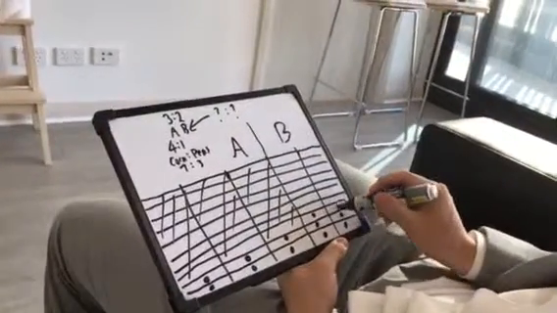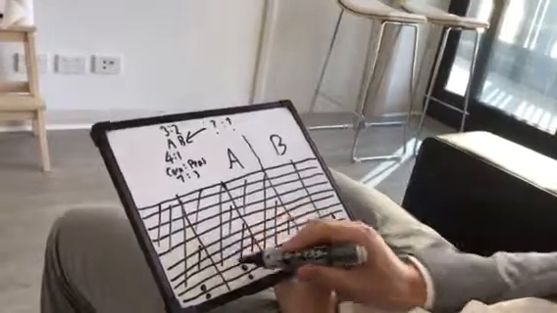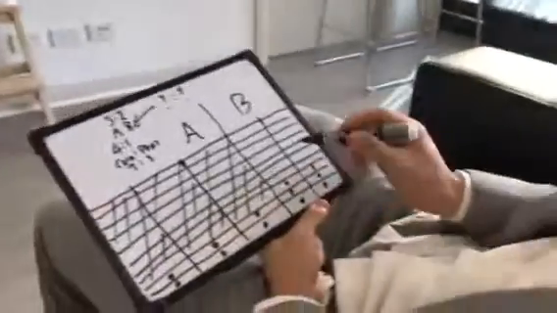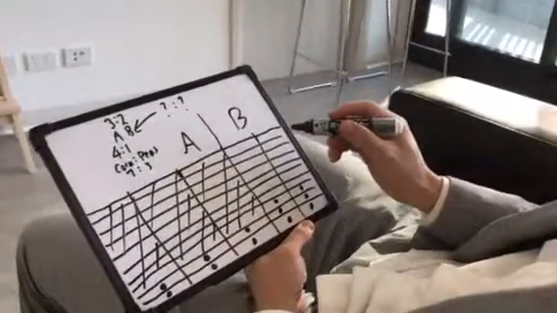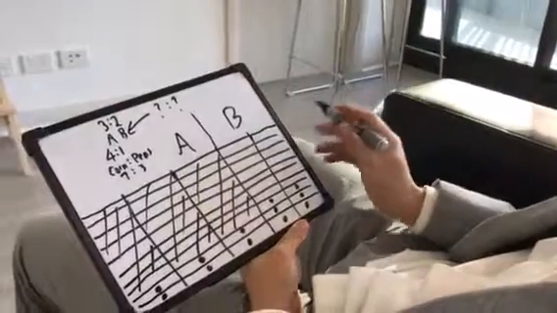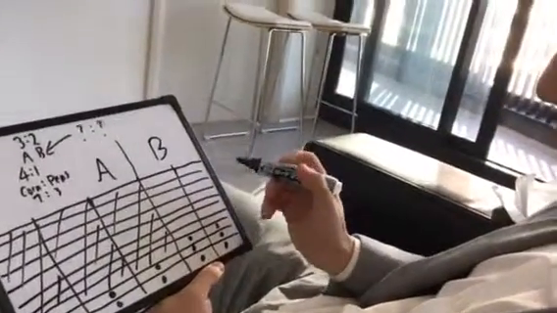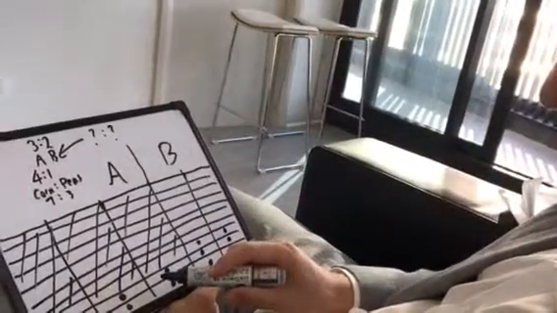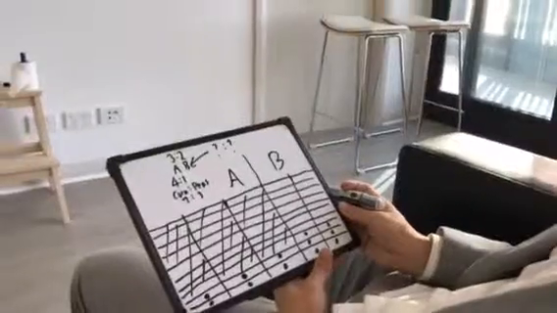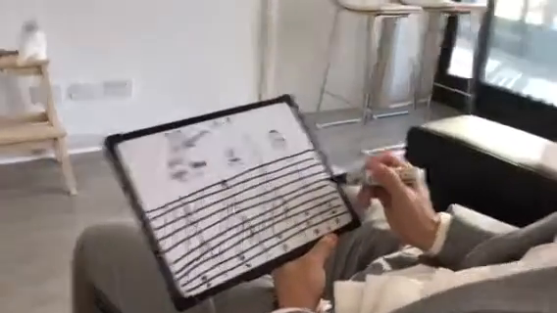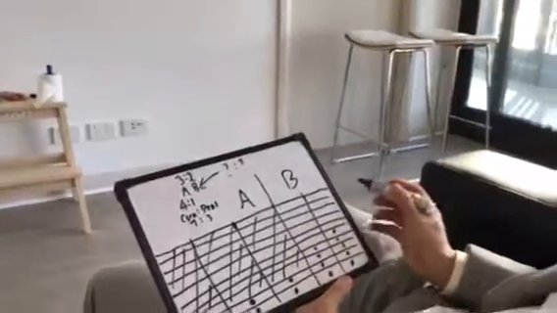So we can do that here, but since this has already been colored, we can't dot these 3 squares, so we'll have to dot these 3 here. So we would have to dot these 3.